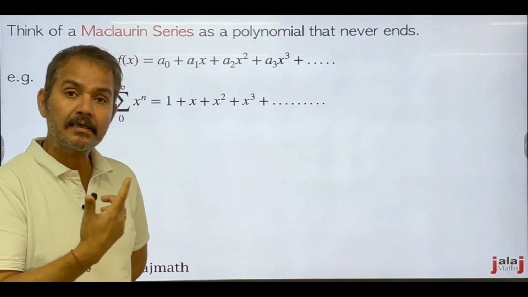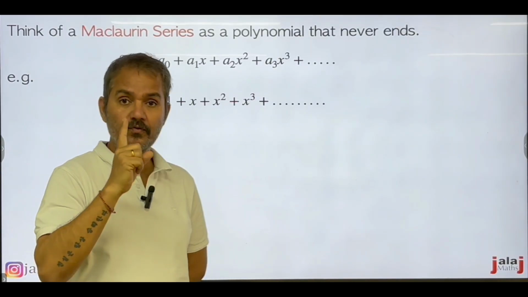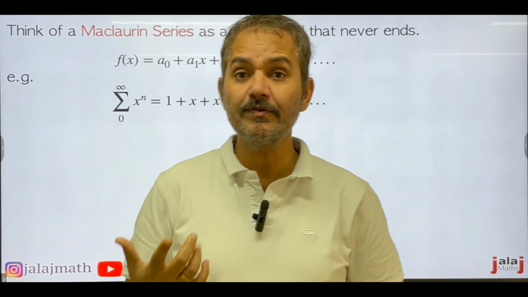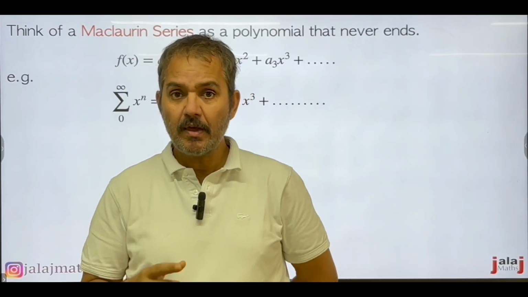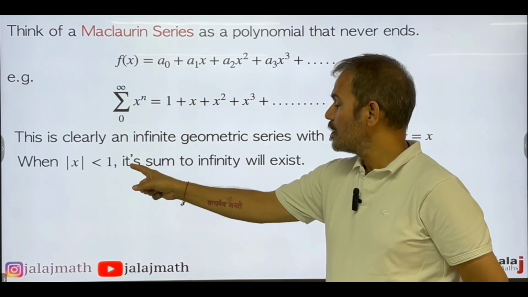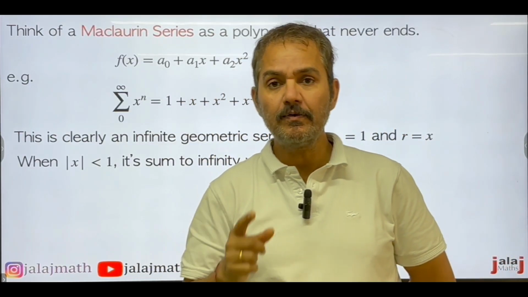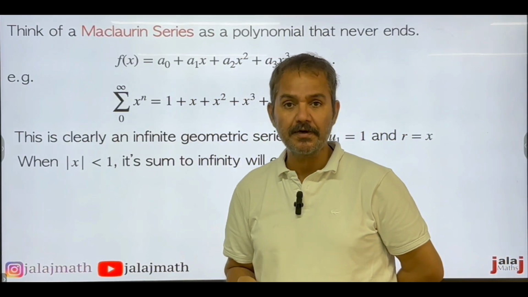Now, we also know that this is a simple geometric series whose first term is 1 and the common ratio is x. So if the absolute value of x is less than 1, or when the value of x lies between negative 1 and positive 1, this series will be a convergent series.